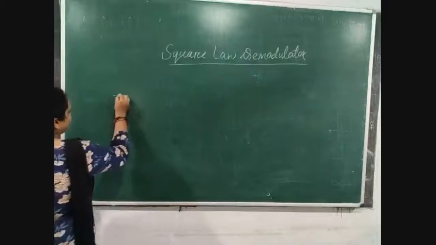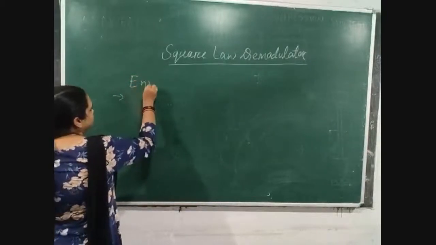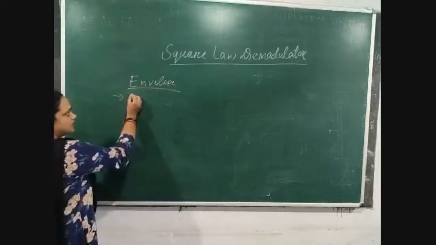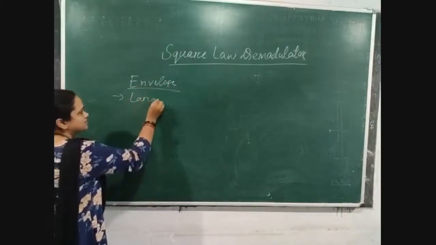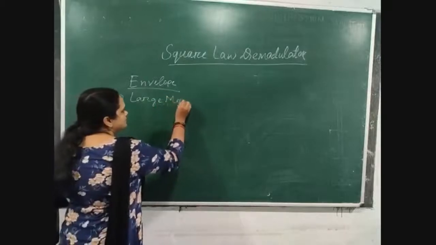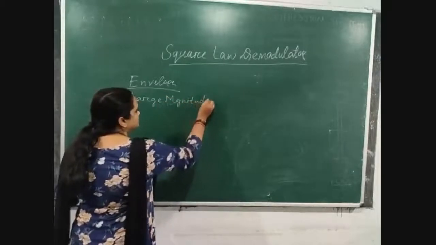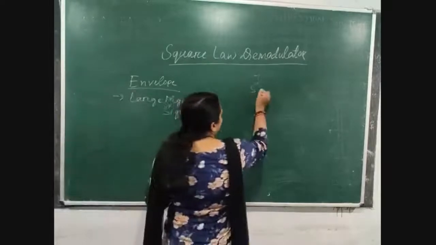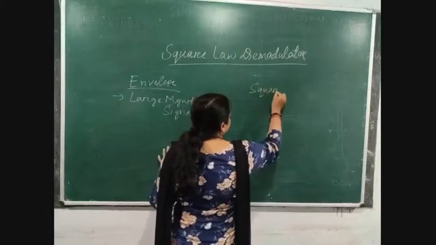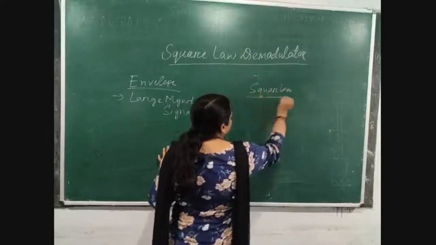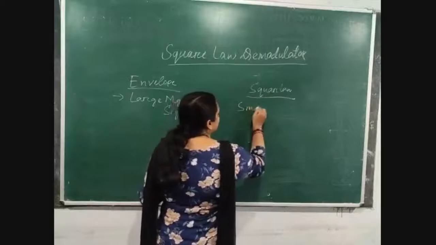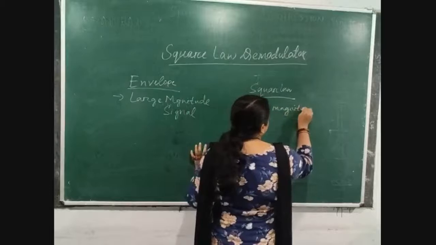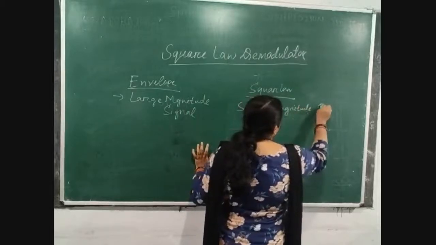First one is, for the envelope detector, it is used to detect large magnitude signals, but the square law demodulator is used to detect small magnitude signals.